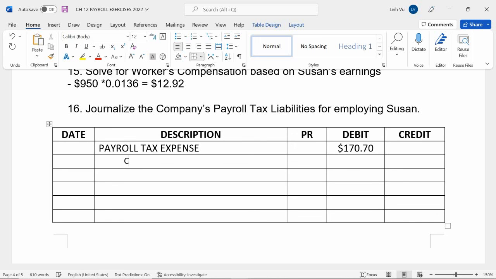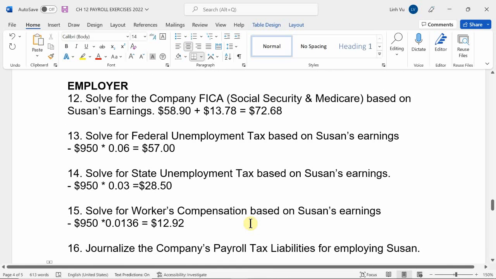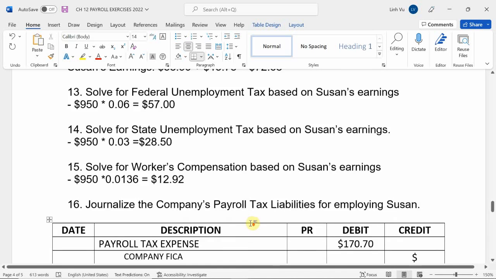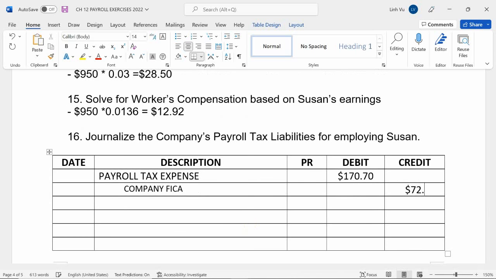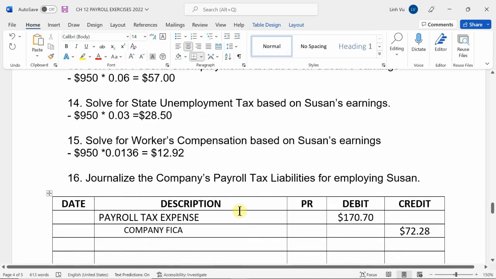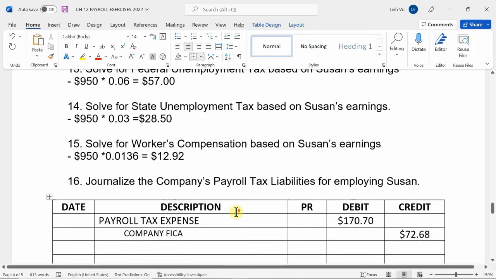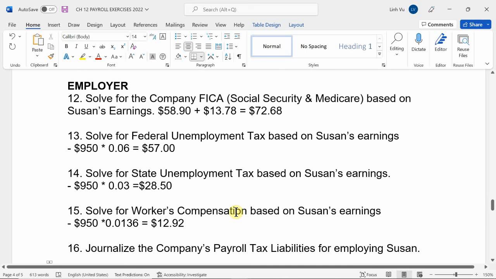The company FICA, $72.68. We have to make a little adjustment there.